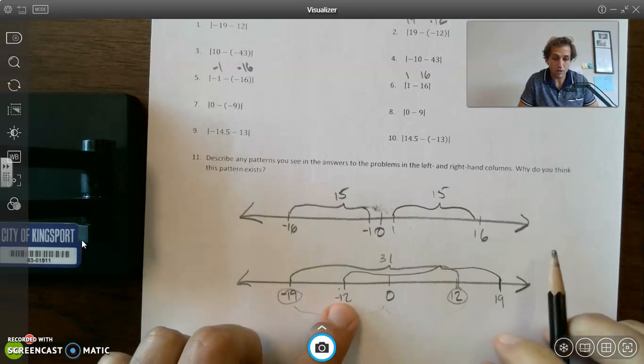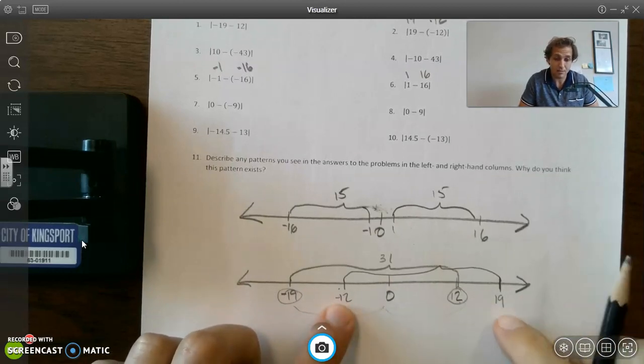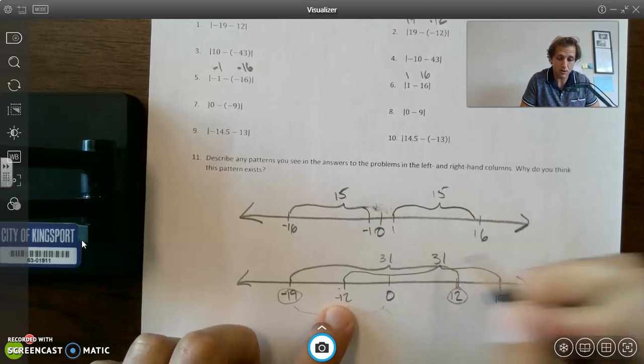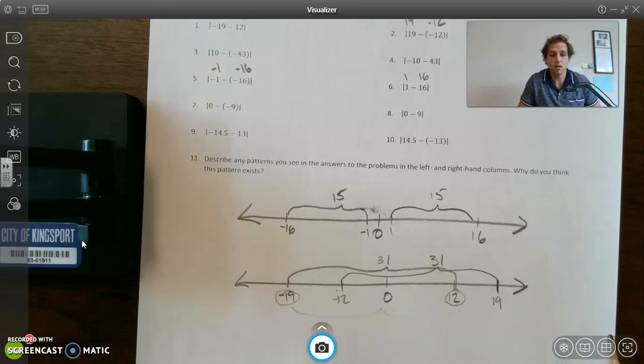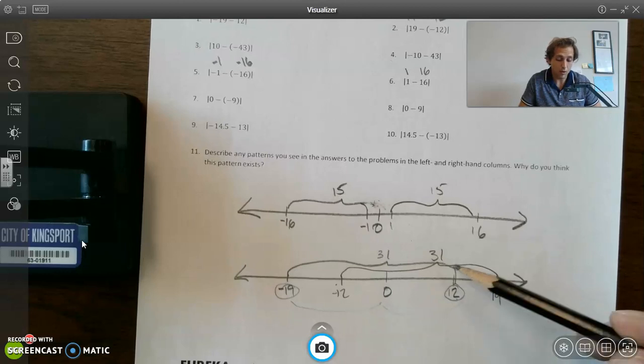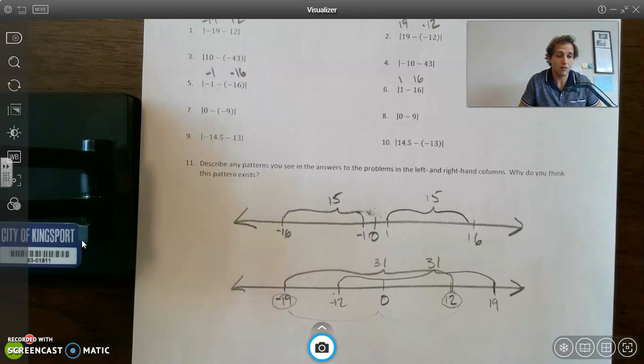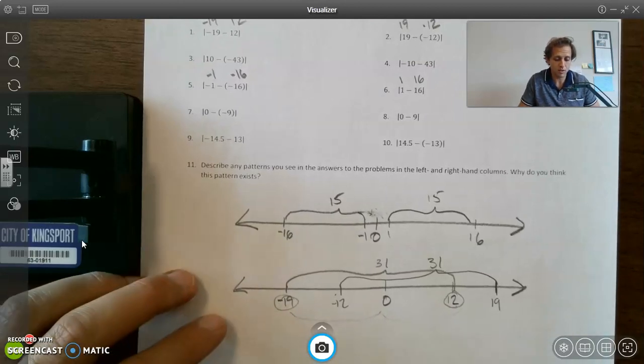Here, negative 12 is 12 spaces from 0, and 19 is 19 spaces from 0, so we still need to go 31. Because we're looking at the absolute value of the difference of the numbers, the distance did not change whenever we changed the sign of both of the numbers. It's just a little pattern.